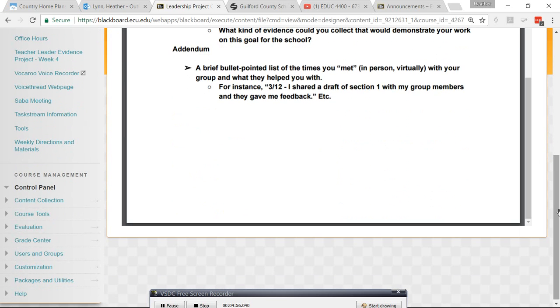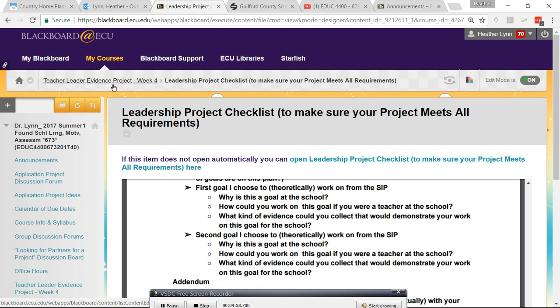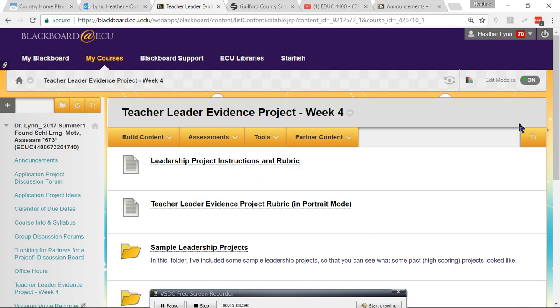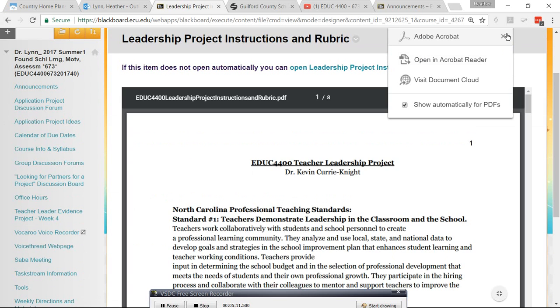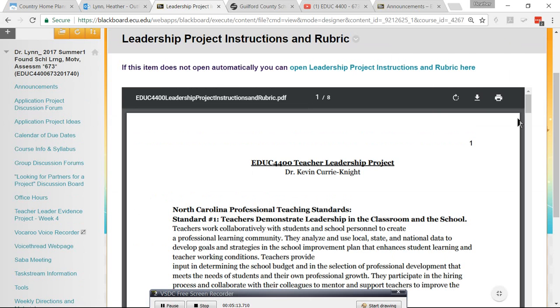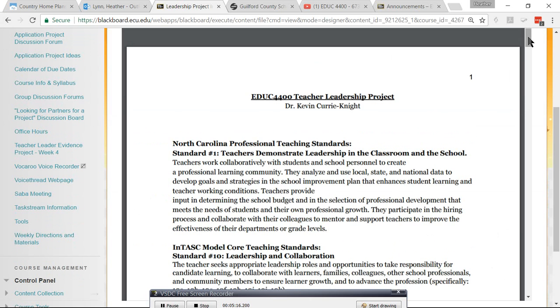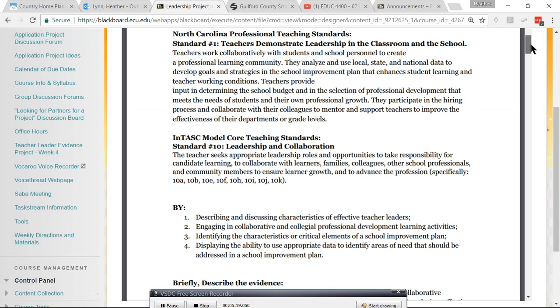Okay, so working backwards here, I'm going to now go to the actual instructions and rubric. All right, so this project is developed by faculty at ECU and is common to all of the courses.